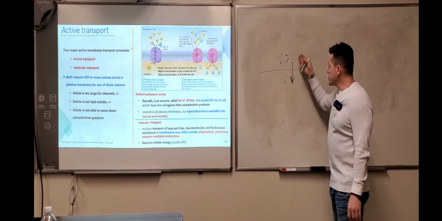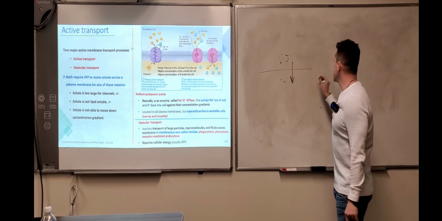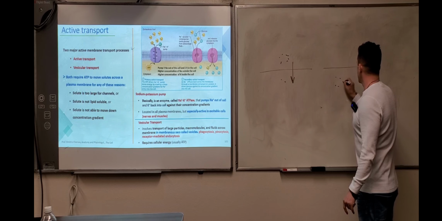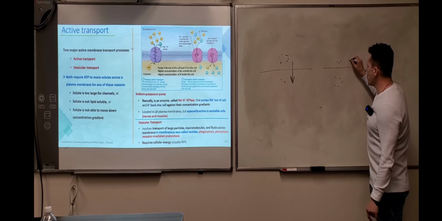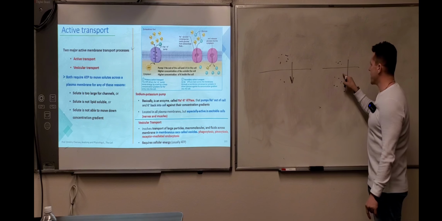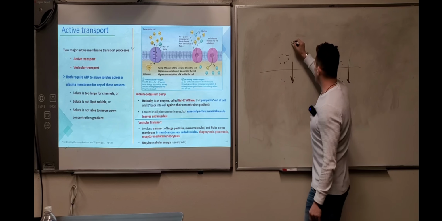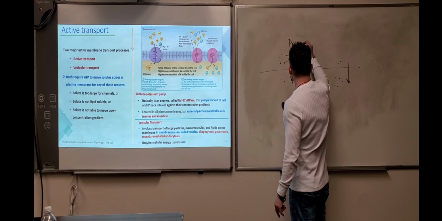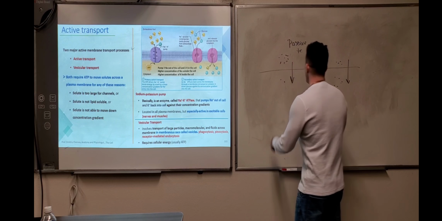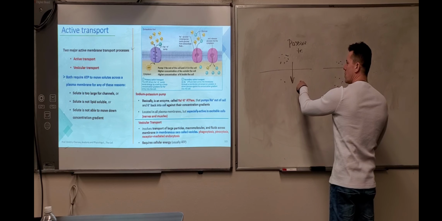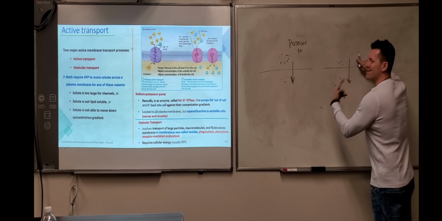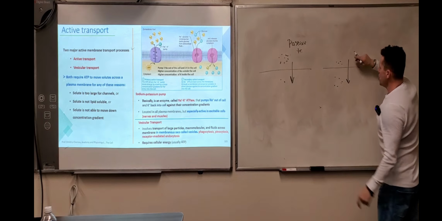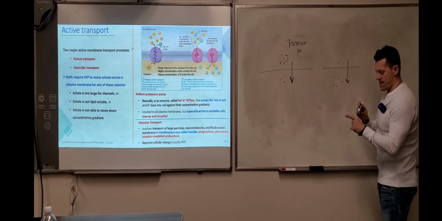Or through aquaporins, from high to low. But with active transport, you are able to go from low to high concentration. You see, with passive transport, you go from high to low, but with active transport, you are able to go against the concentration gradient. You go from low to high.